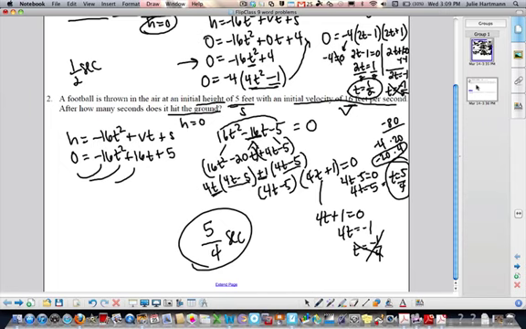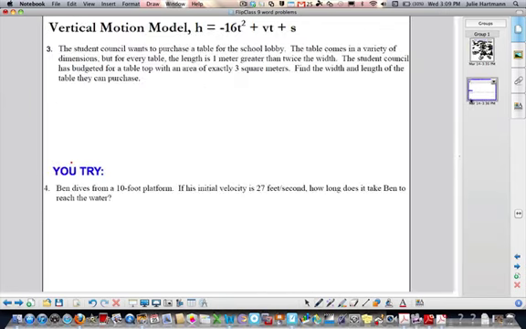Alright, we have one more example. Number 3. The student council wants to purchase a table for the school lobby. The table comes in a variety of dimensions, but for every table, the length is 1 meter greater than twice the width. So right there, this is not a vertical motion, okay? So we don't need that formula. But you have the length is 1 meter greater than twice the width.